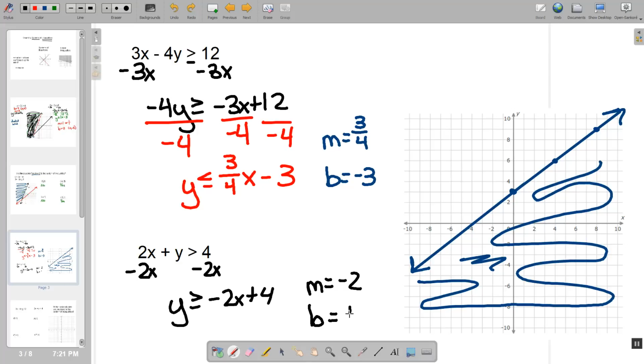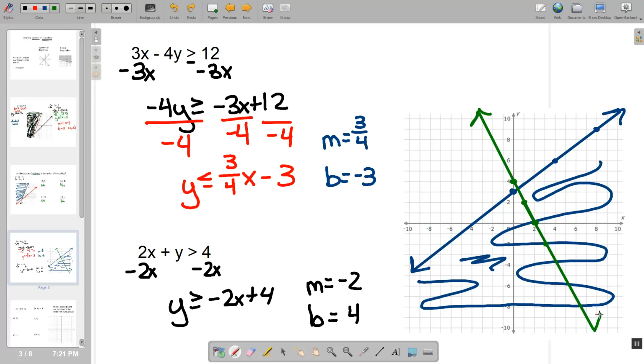My b is +4. And I can graph by doing my b as +4, my m as -2/1. I can do this as many times as I need to before I graph my line, which will be right here. I put my arrows on the end.